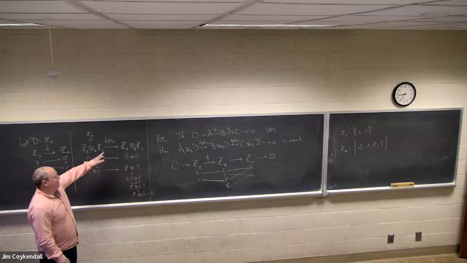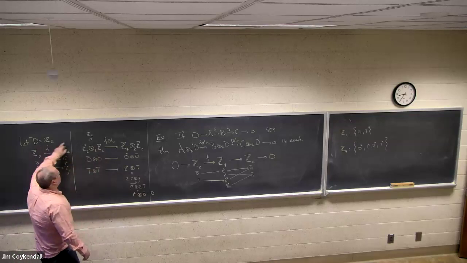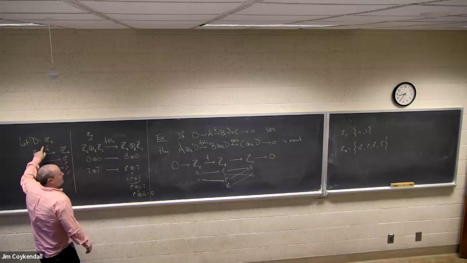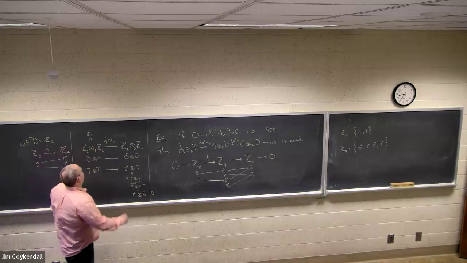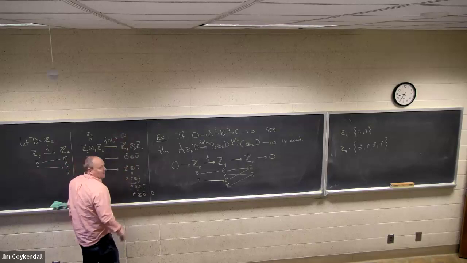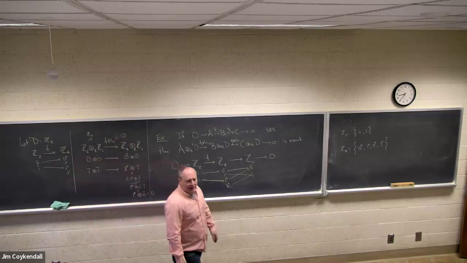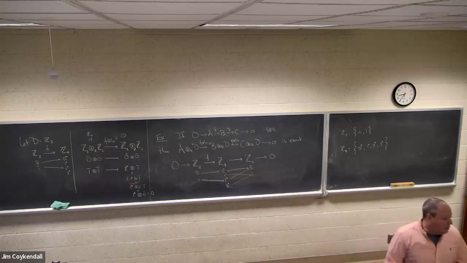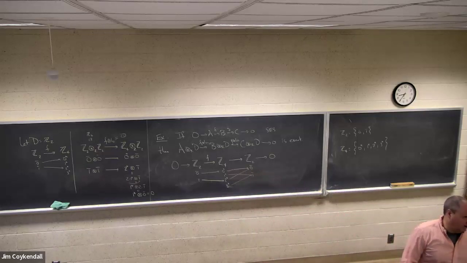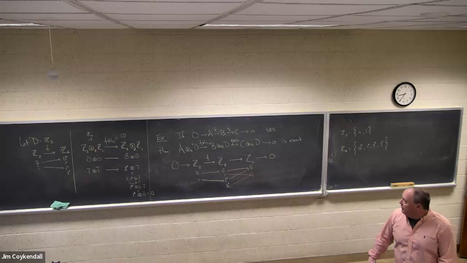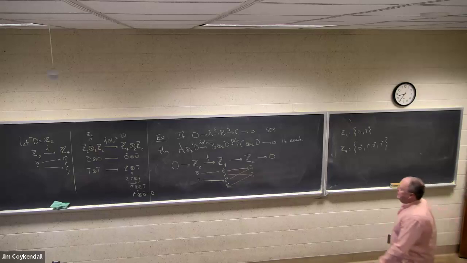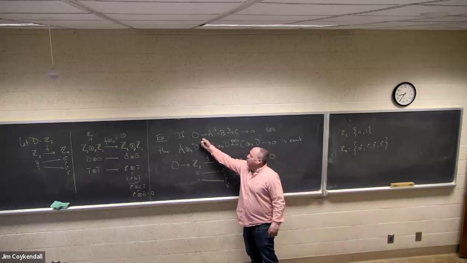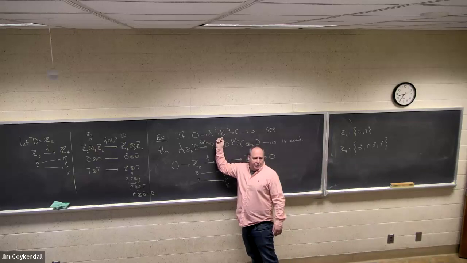So tensoring with Z2 here turns a map that was 1 to 1 into a 0 map. Right? I mean, it doesn't really get any worse than that. It turns a 1 to 1 map into something that takes everything to 0. Right? So you can see that it is sort of hopeless to get this theorem back in general, because even if you have a short exact sequence like this one, you're only guaranteed exactness.